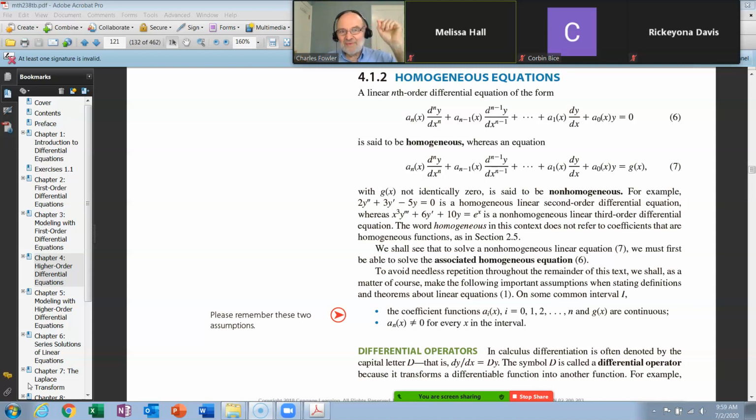Now we're going to use a similar term from what we've used before, but for a totally different meaning. Homogeneous equations. Here is what we mean by that in nth order differential equations.